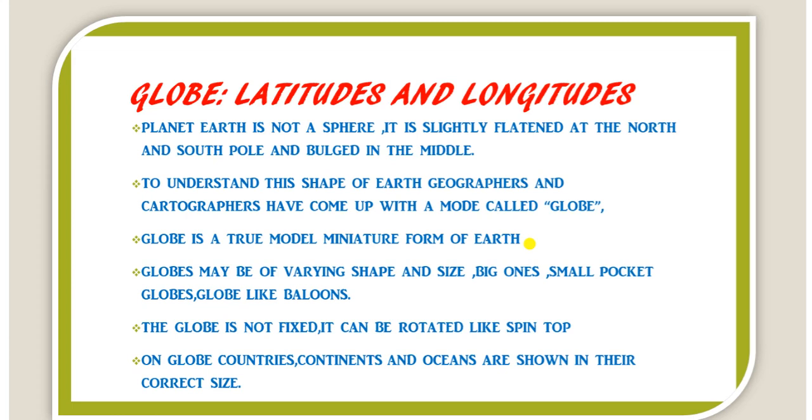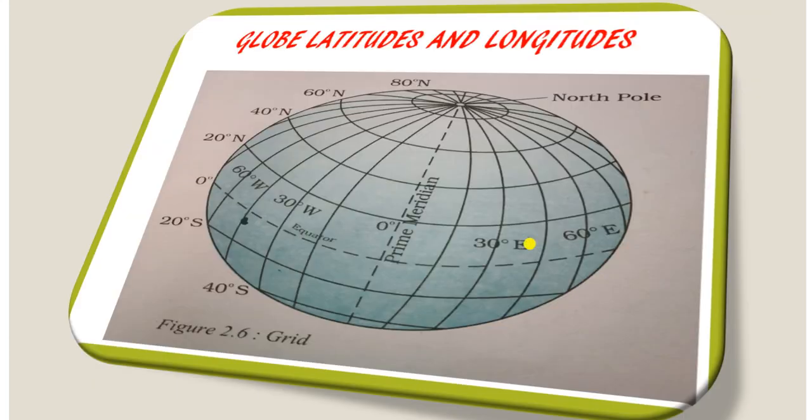Since we know that the earth is rotating on its axis from west to east, it's obvious. And if we say globe is a true miniature model of earth, that means it should not be static and fixed. It has to be a rotating one. On globe, countries, continents, and oceans are shown in their correct size.